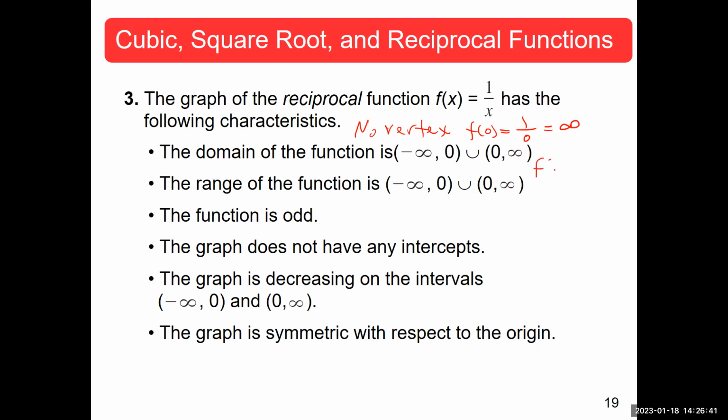If we're approaching 0 from the negative side, then 1 over 0 is going to be negative infinity, whereas approaching from the positive side, that's equal to positive infinity. This is your 0. From this side we call it negative 0, and from this side positive 0.